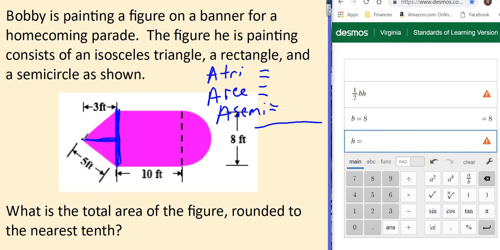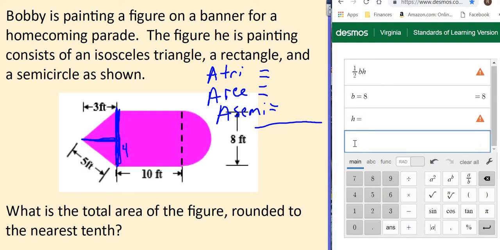So to find my height, believe it or not, I'm going to have to use the Pythagorean theorem. So to do that, let me look back. I'm going to go down another line. I'm going to have to use my hypotenuse squared, which is 5 squared.